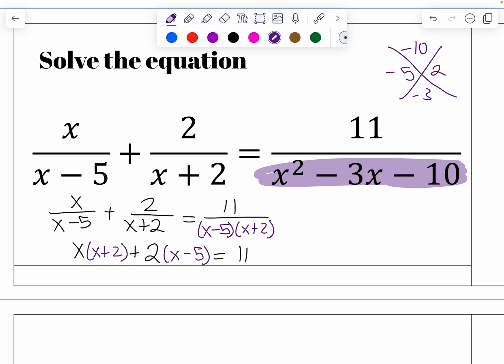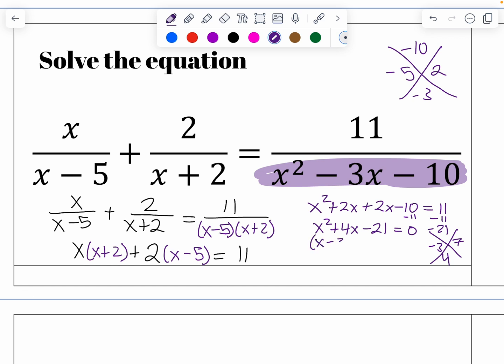So now I'm going to just solve for x like we have been doing. I'm going to have x squared plus 2x plus 2x minus 10 equals 11. Combine like terms, we get x squared plus 4x minus 21 equals 0, because I'm going to subtract 11 from both sides. Now from here I do big X, negative 21, positive 4, we get negative 3, positive 7.